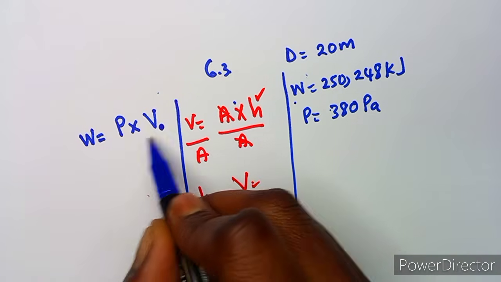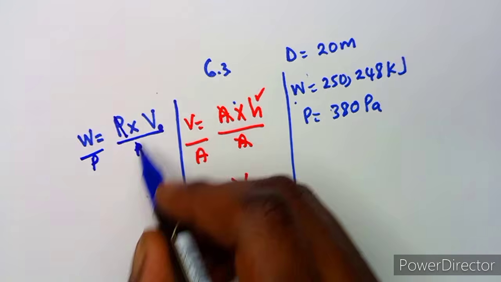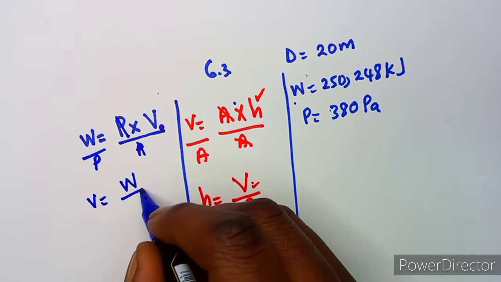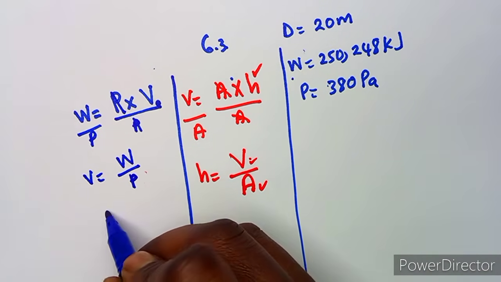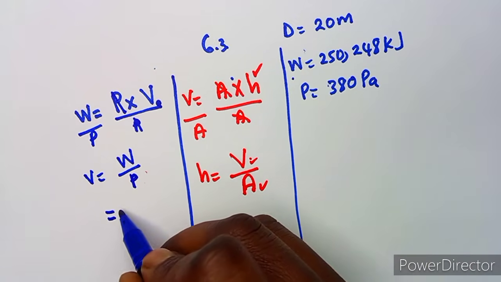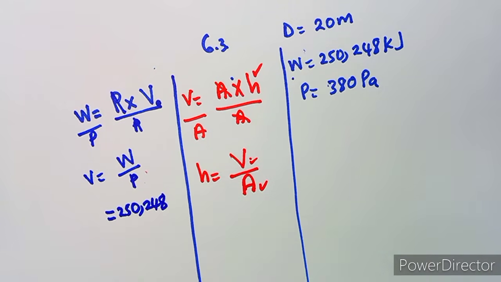So your volume is the work done over the given pressure. Your work done in this case is 250,248 kilojoules, which is the one that we are given. Make sure that you apply your units properly.